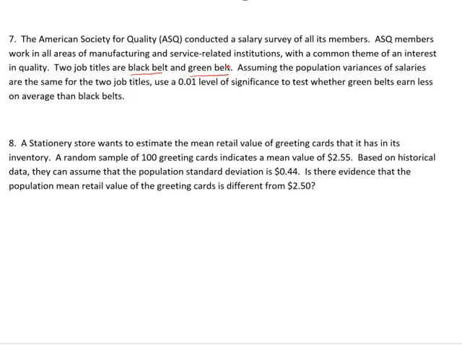Assuming the population variances are the same for the 2 job titles, again there's 2 samples, and it says assume population variances are the same. So I know that sigma 1 squared equals sigma 2 squared.